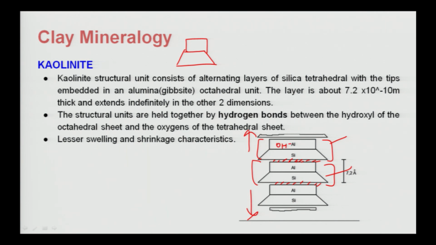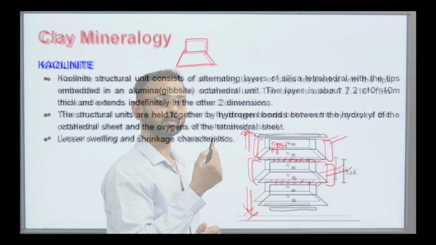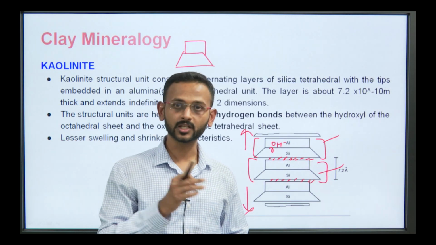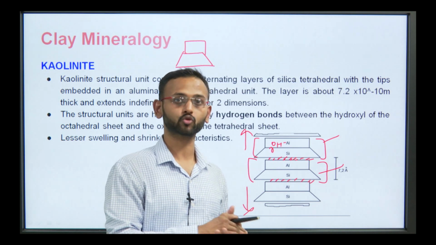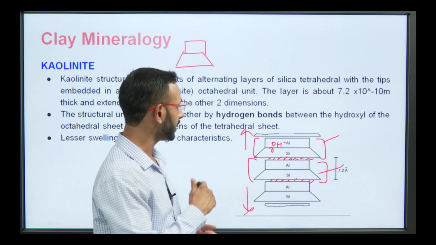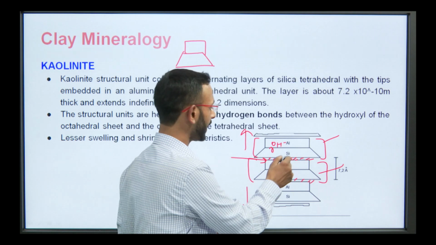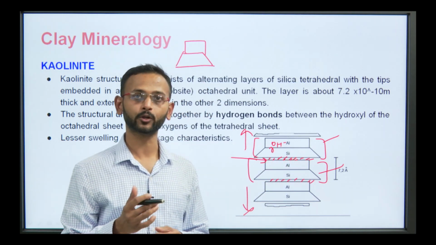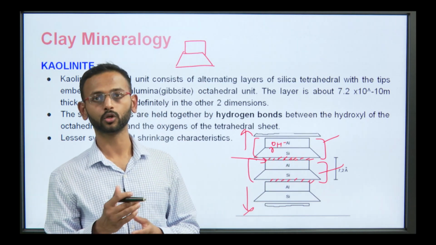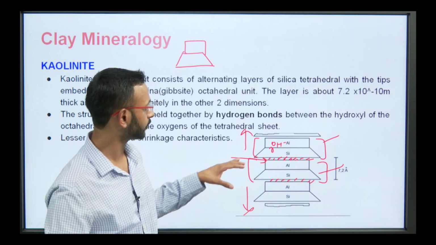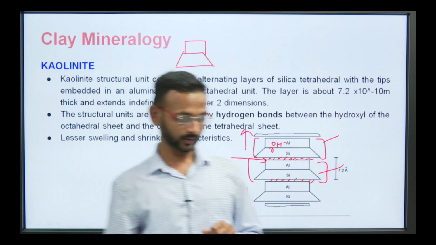This is a simplified diagram, showing it in rectangular and octagonal sheet form, with silica containing oxygen, so they will be bonded together. The major thing is that this will show very little swelling and shrinkage, because if water tries to enter, the hydrogen bond, which is a pretty strong bond, will try to repel it.